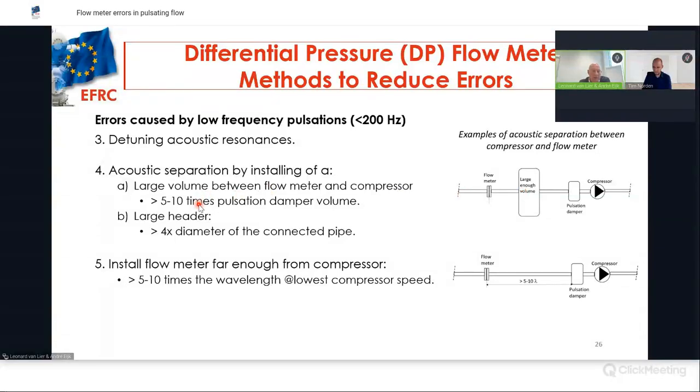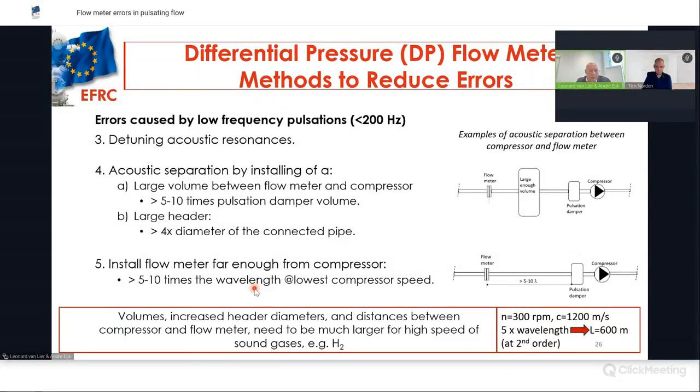Here are some rules given: 5 to 10 times the pulsation damper volume if you install a large volume, and the diameter shall be minimum 4 times the diameter of the connected pipe. And as being said already, you can install the flow meter far enough from the compressor, and that shall be minimum 5 to 10 times the wavelength at the lowest compressor speed.